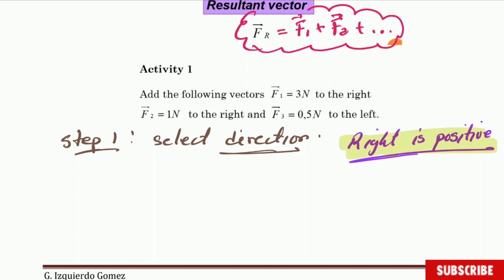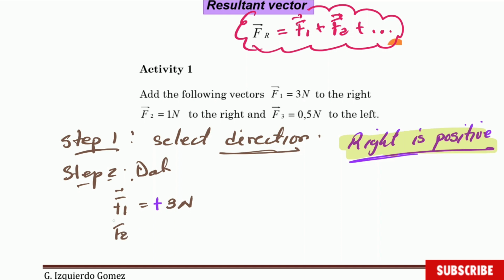So if we do that, then let's go to step 2, which is the data. So what we have is that F1 is equal in magnitude to 3 Newton. To the right, we said right is positive, so this 3 is going to be a positive number.